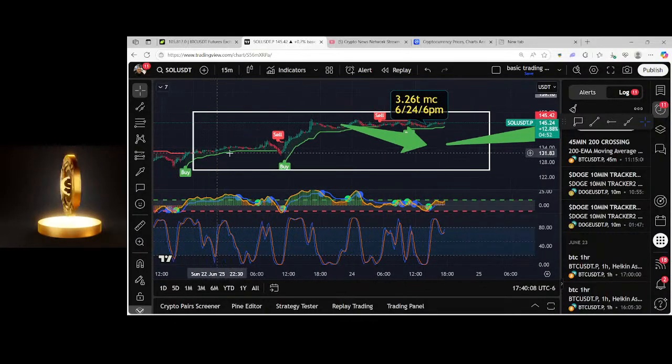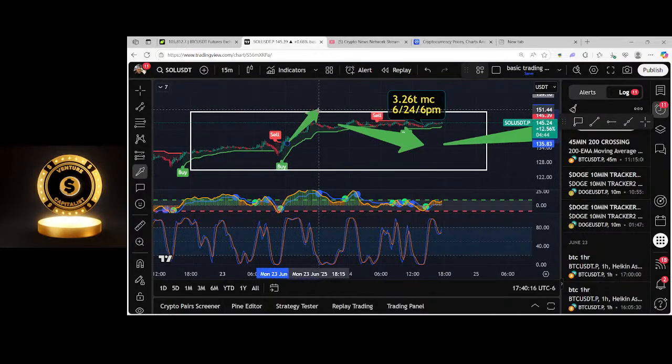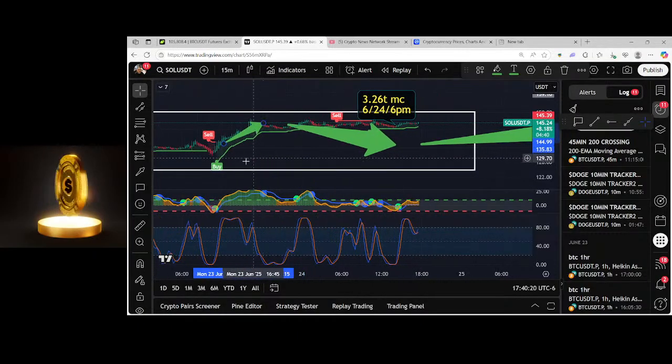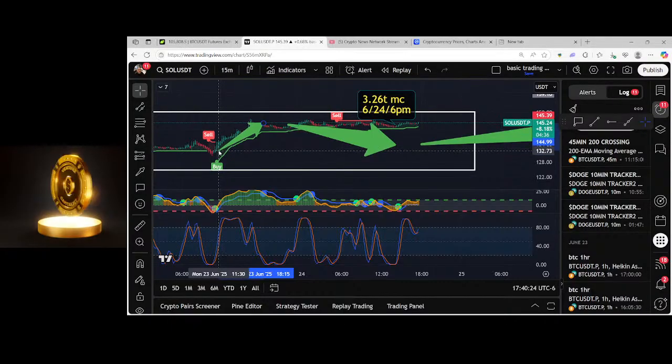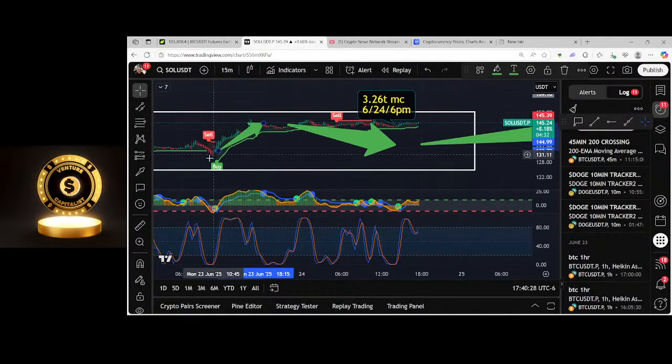So you should be in this trade, in this price somewhere down here. You should have entered this trade somewhere here, and that's where you would be sitting. Somewhere in this zone would have been your buy zone. This is the particular trade that you should be in right now.